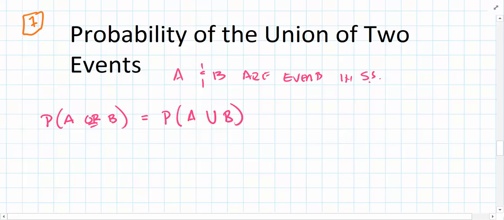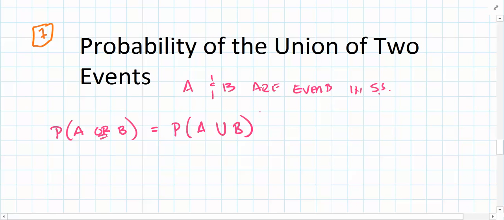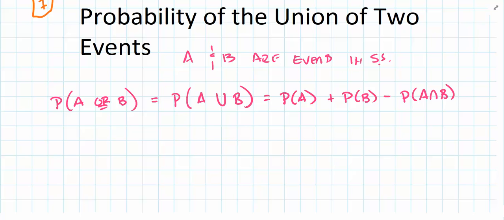It also means union. That's equal to the probability of whatever A is plus the probability of whatever B is minus the probability of the intersection of the two, A and B. So let me give you an example.